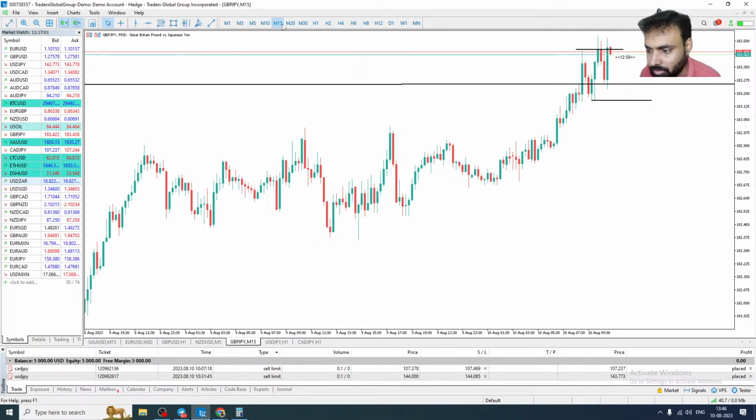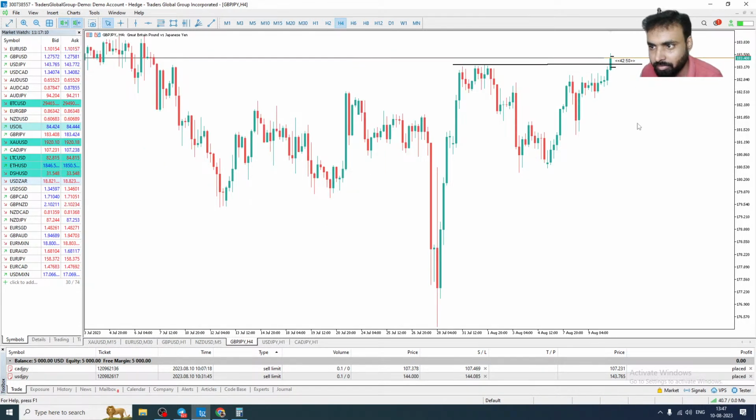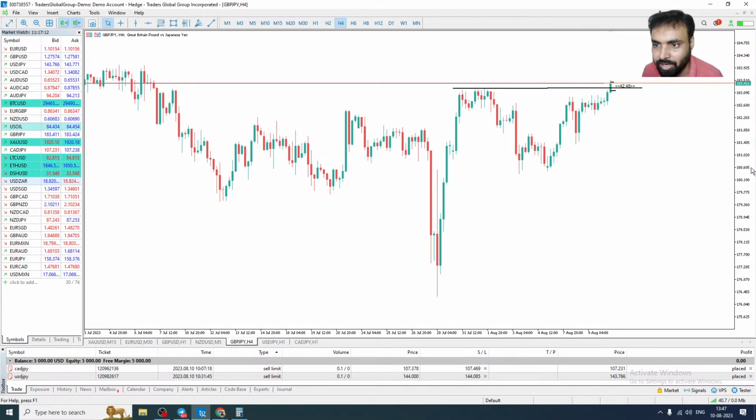GBP JPY. JPY is definitely going to be a sell. I can tell you that. It's definitely going to be a big sell. Maybe I think it will happen in the evening news time.